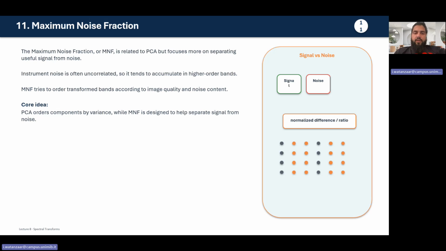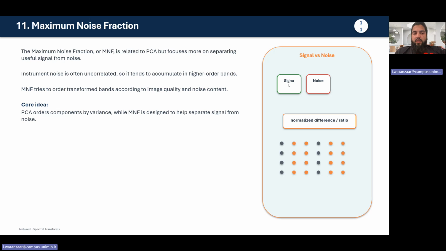In PCA, components are ordered by variance, while MNF is designed to help separate signal from the noise. That is the obvious job of the MNF, as we can tell from the name, maximum noise fraction. So the ultimate meaning is minimizing the noise.